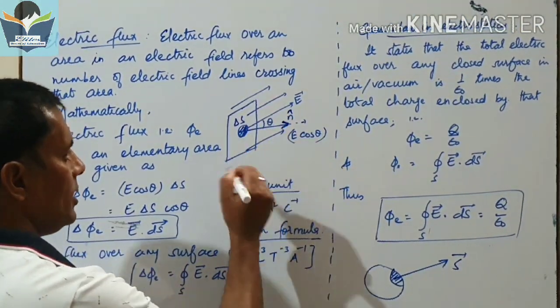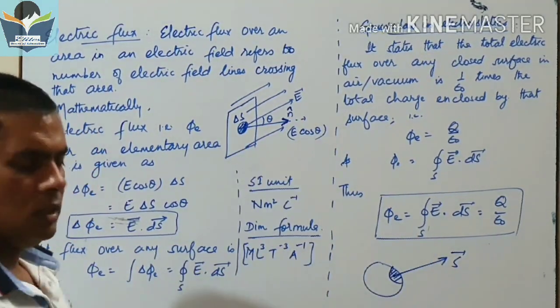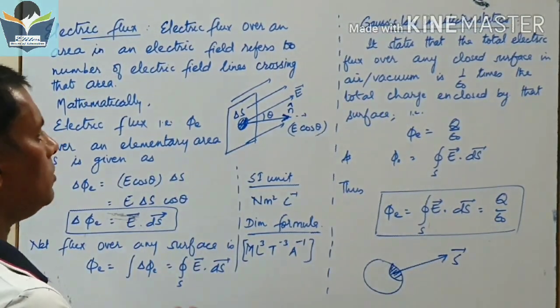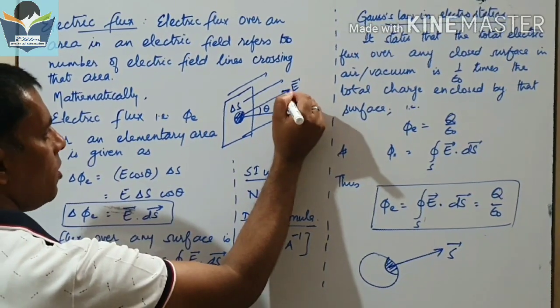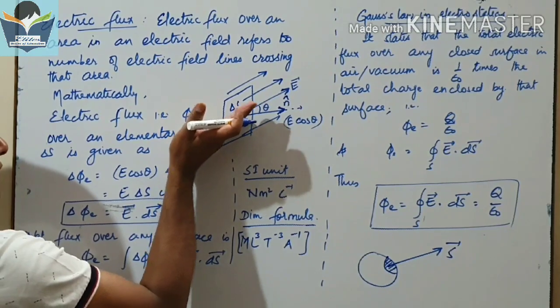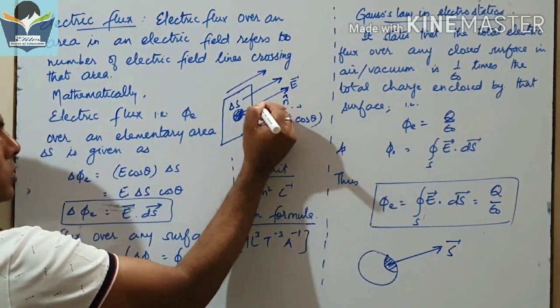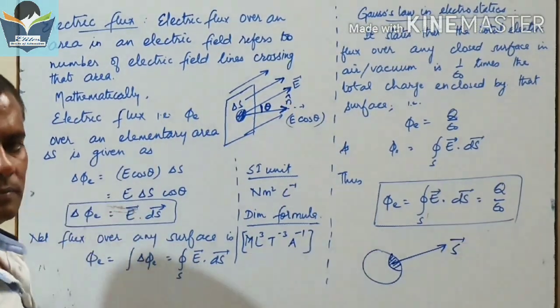So this is that area, and for this area the vector is normally outward. Now this area is held in a uniform electric field. You can see that the direction of the electric field is in this way and the area vector is in this way, so they are inclined to each other at an angle theta.